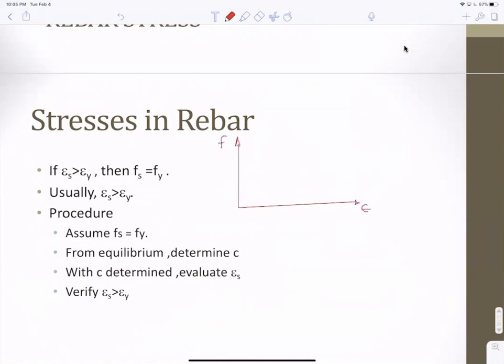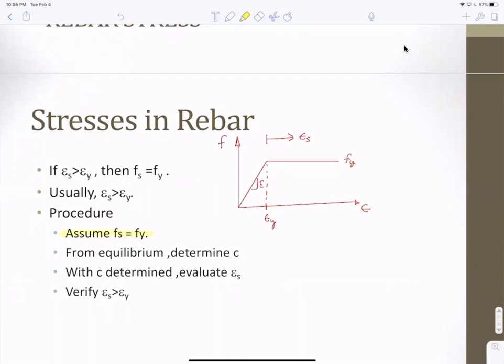Remember, we have to use F in this class. At first, it's linear. The slope is E until you hit epsilon y. And after epsilon y, it's constant at Fy. Okay, so the steel is almost always out here. So the easiest thing to do is assume the steel stress is Fy.